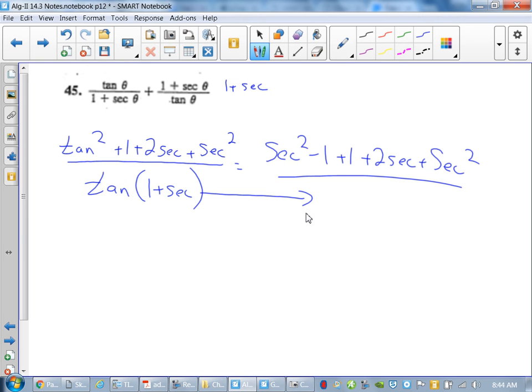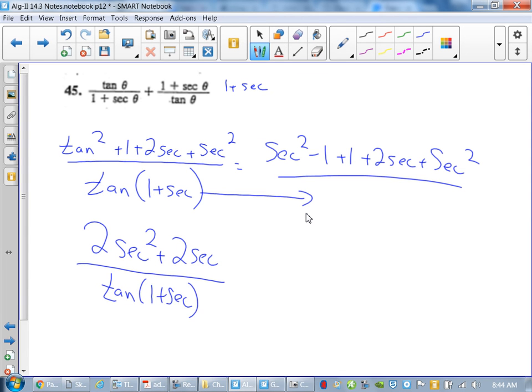We okay with that? If I simplify that numerator, I'm going to get 2 secant squared plus 2 secant. Okay with that?